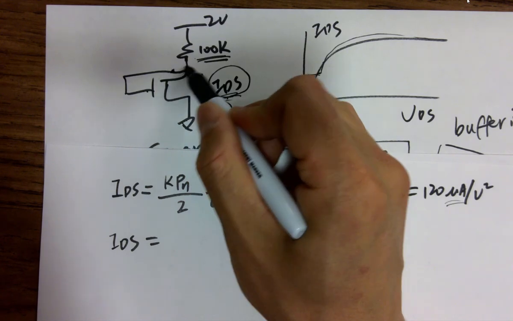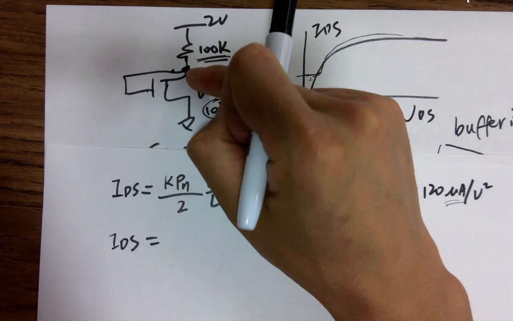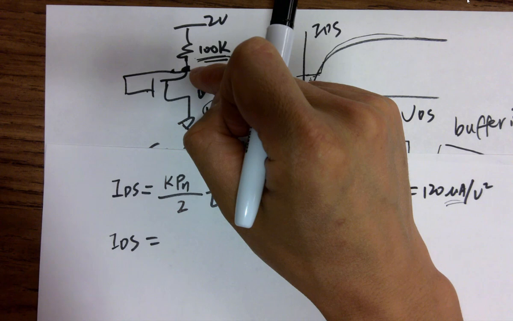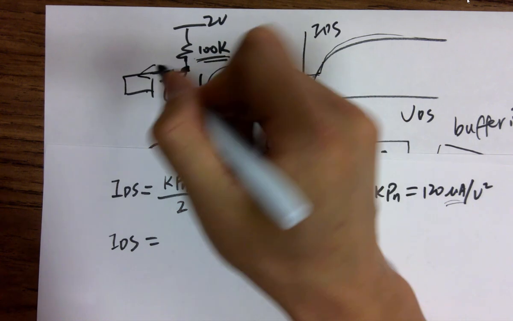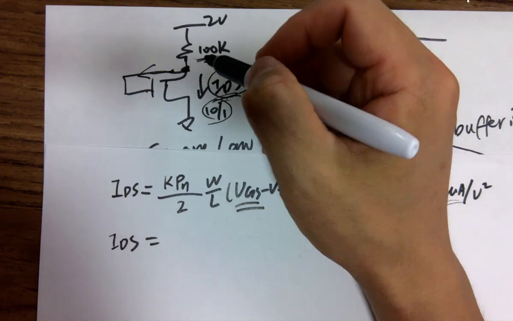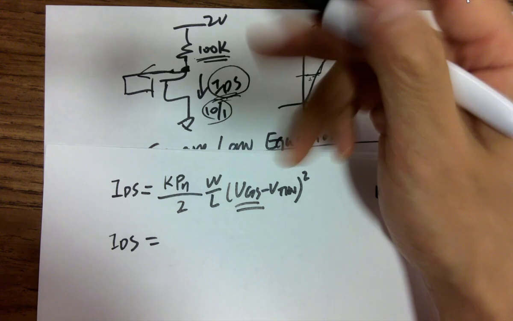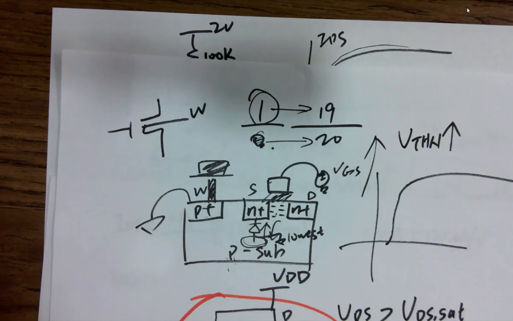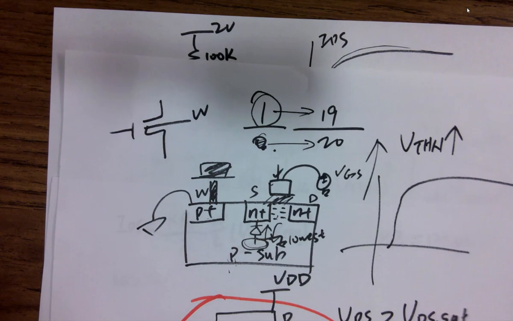You have 2 volts given, and VGS is a variable, so 2 volts minus VGS is the voltage drop across this resistor. And because there's nowhere the current can flow into the gate, remember there's a gate oxide, DC current is not getting into the capacitor. There's no connection. It's oxide. No DC current can get into that.